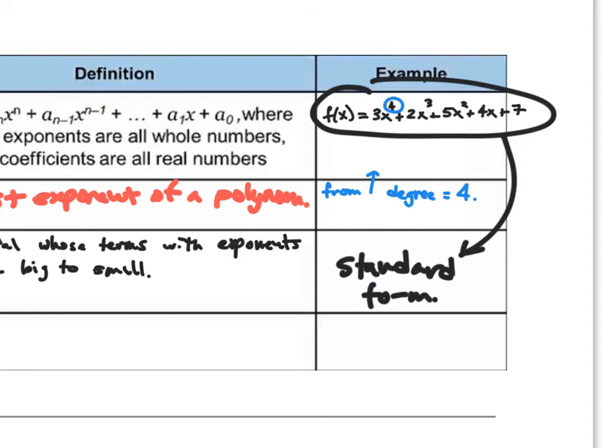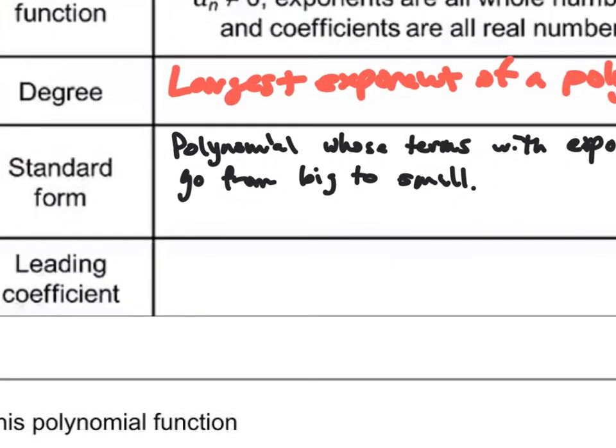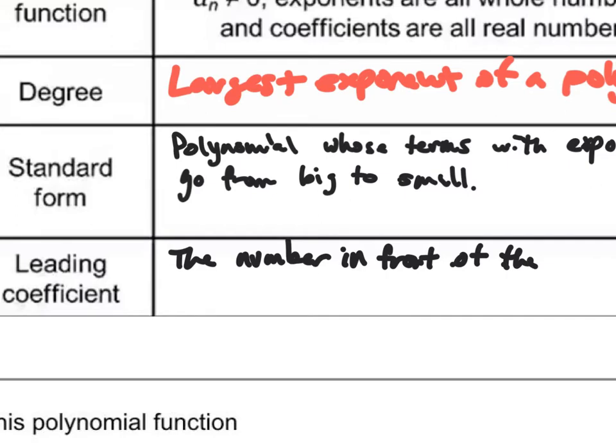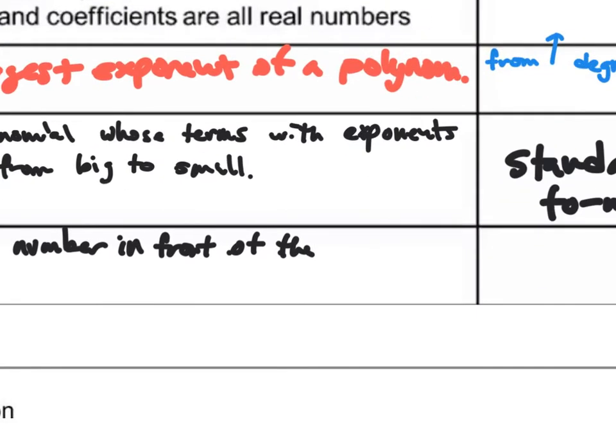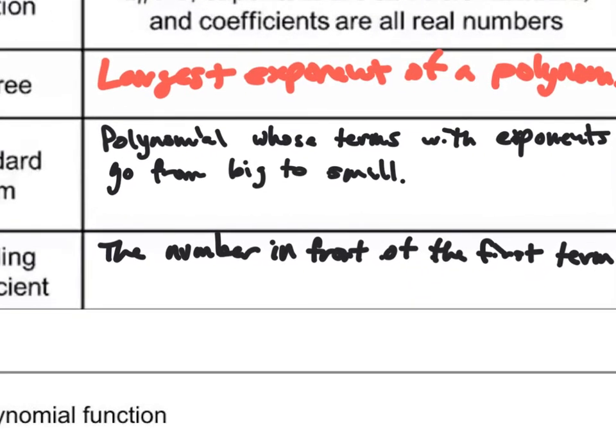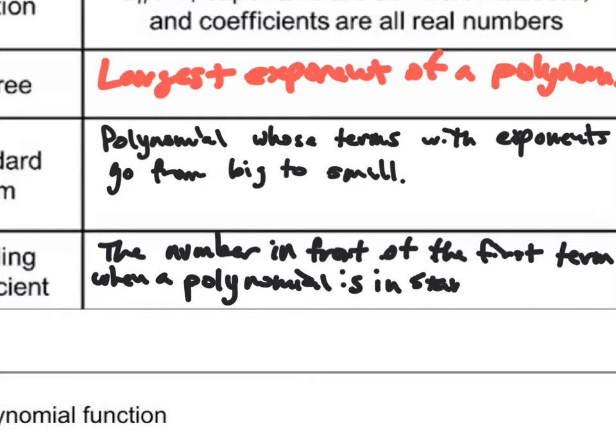Okay. The last one is the leading coefficient, and that is the number in front of the first term when a polynomial is in standard form.